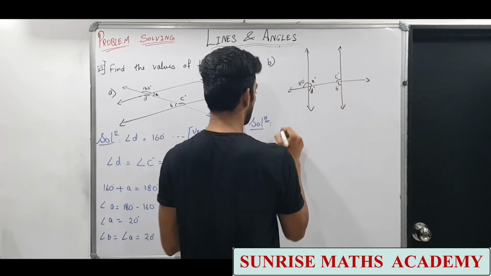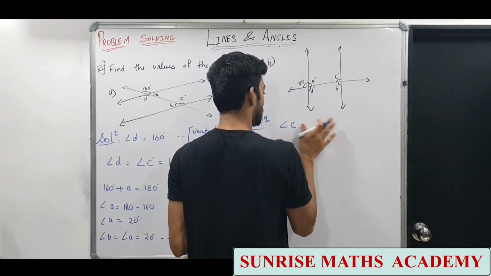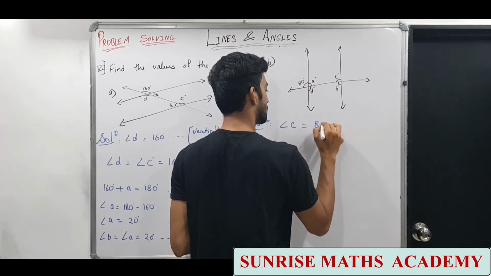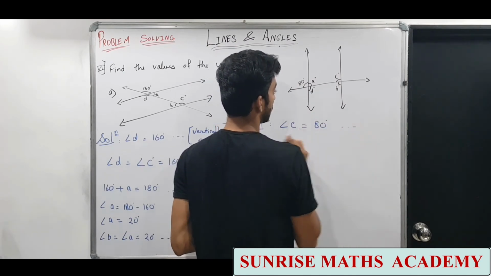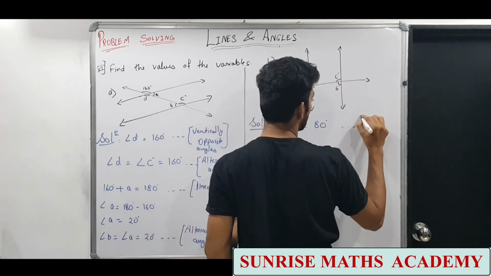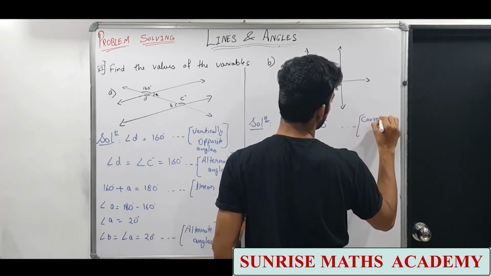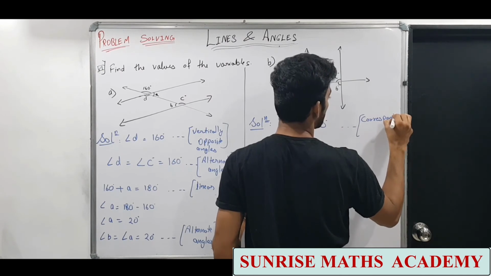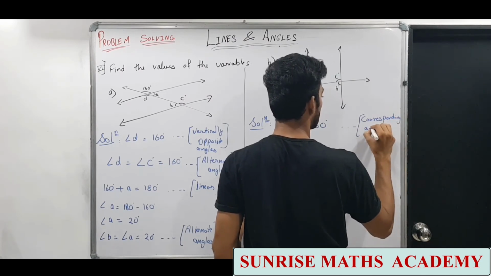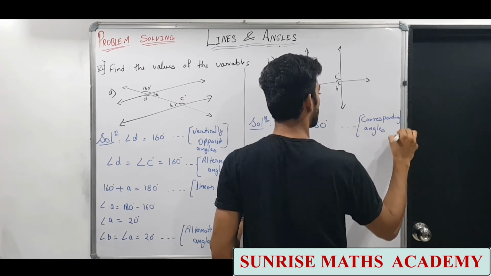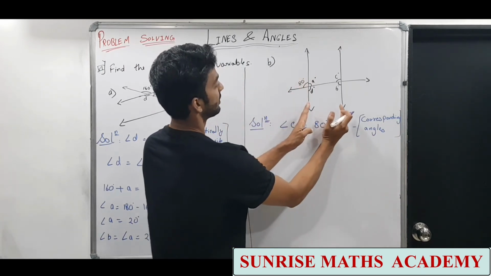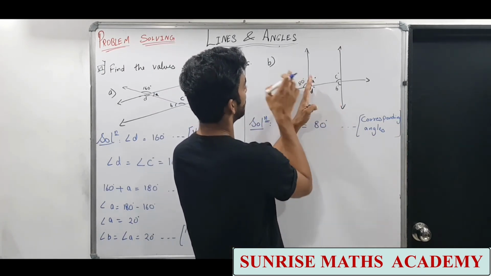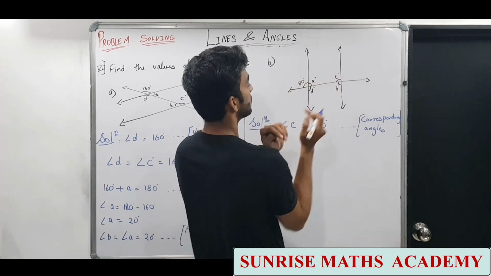This 80 will be equal to angle C. Angle C equals to 80 degree. Relation, these are corresponding angles. ये दो lines parallel हैं, so इस line के up और इस line के भी इधर.